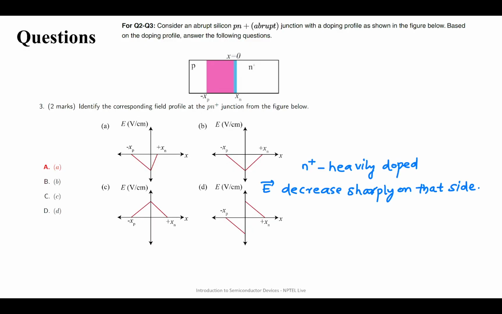That is correct, the first figure will be the correct profile. Since this side is highly doped, it has a narrower depletion region. The electric field will fall sharply in this region, and you can get this by integrating the charge profile.